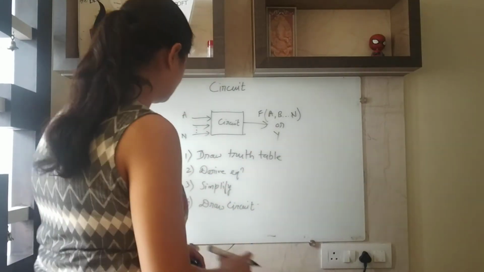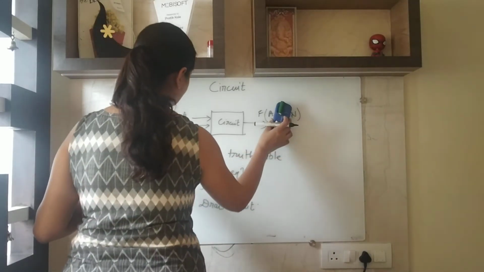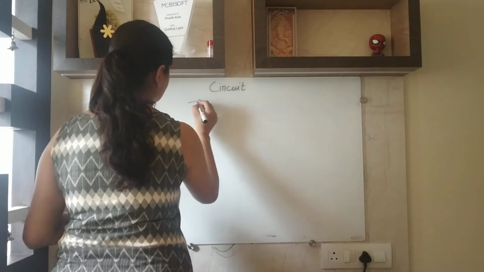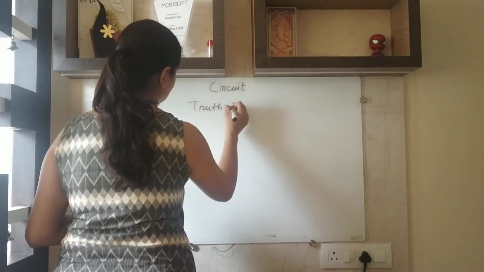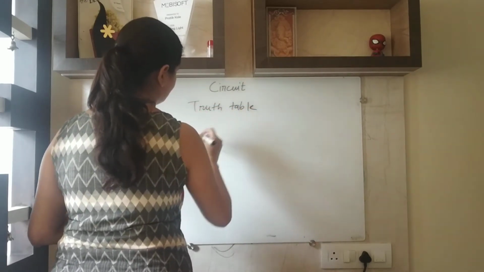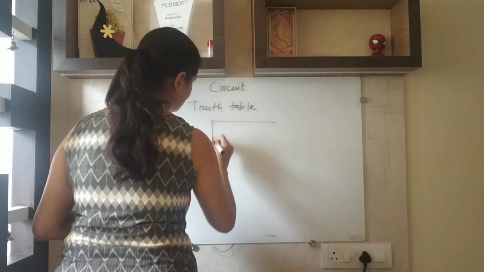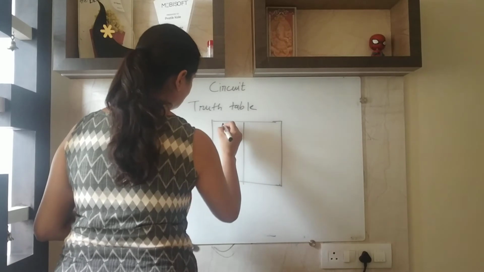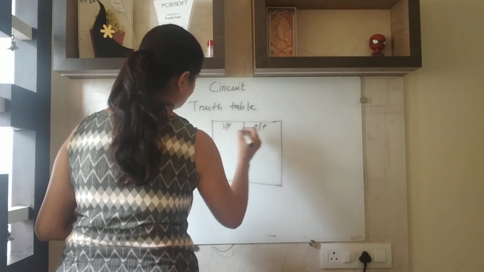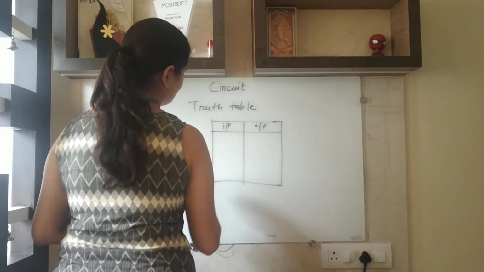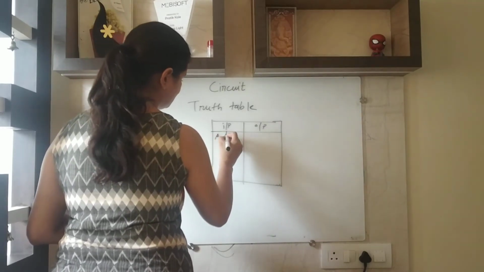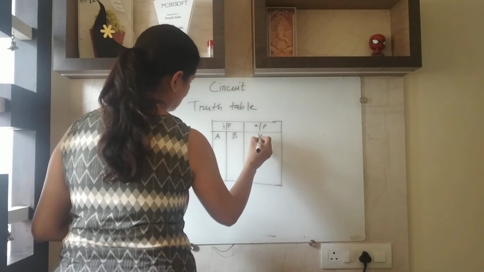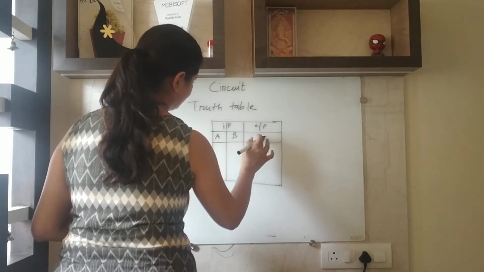Now, as I already told you, the first step is the truth table, right? So how to draw the truth table? A truth table mainly consists of 2 columns, an input column and an output column. Any number of inputs may be there, so I will consider 2 inputs here and 1 output. The output may be represented by any variable or function f.